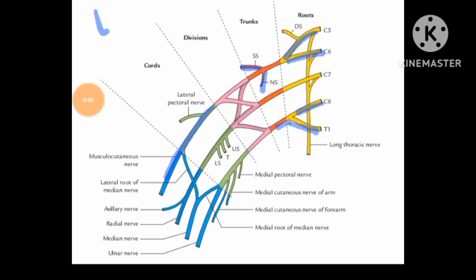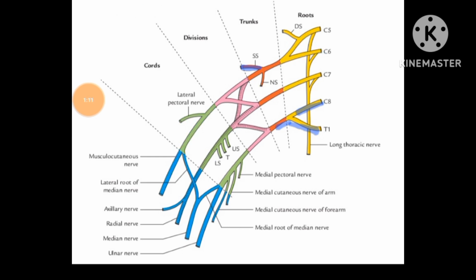Coming to the lateral cord. We have a mnemonic, which is LLM. L for lateral pectoral nerve, another L for lateral root of median nerve, and another L for musculocutaneous nerve, which is the continuation of the lateral cord.